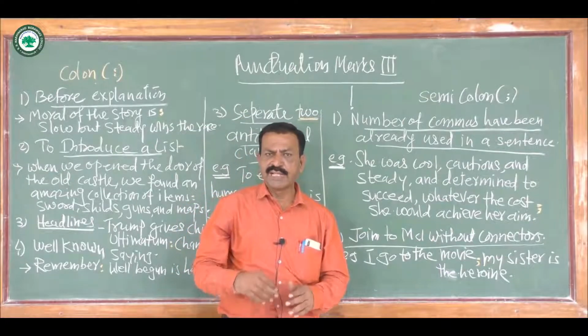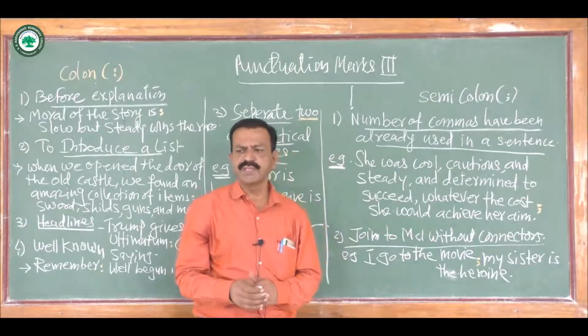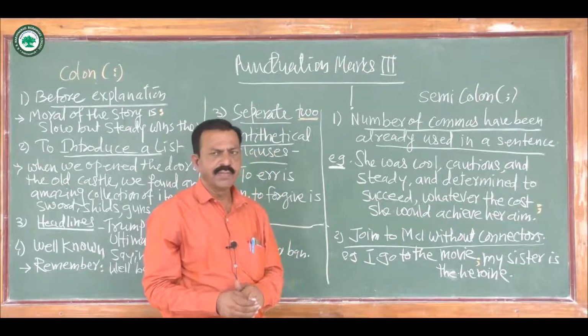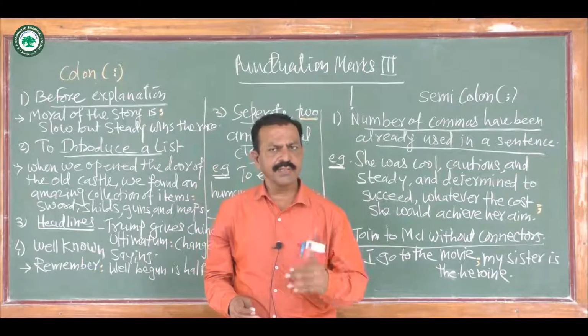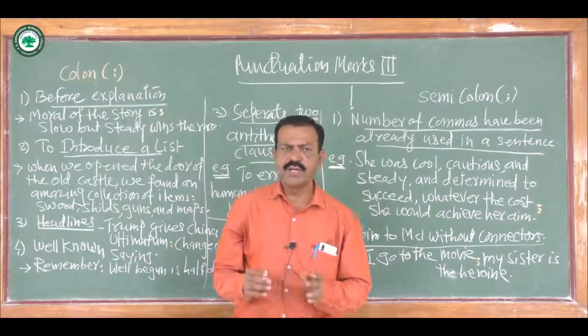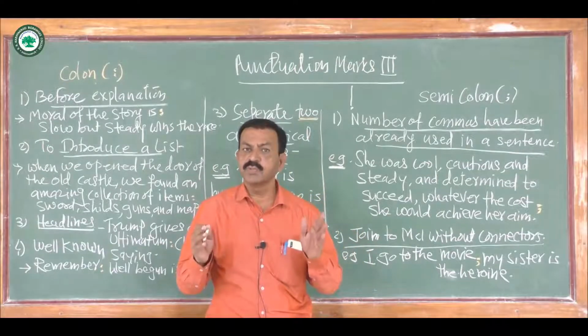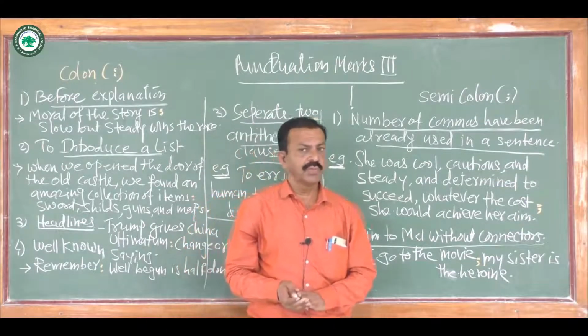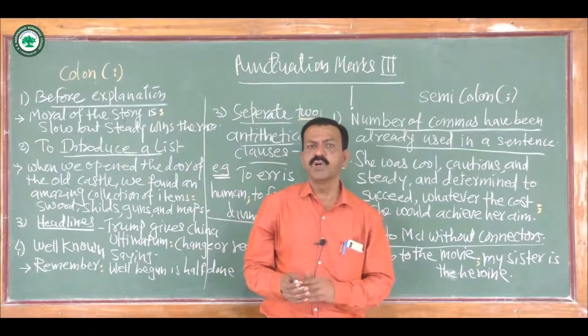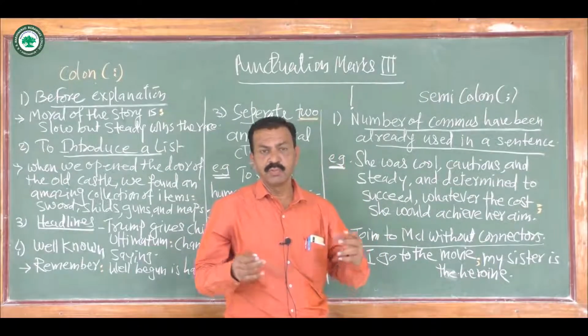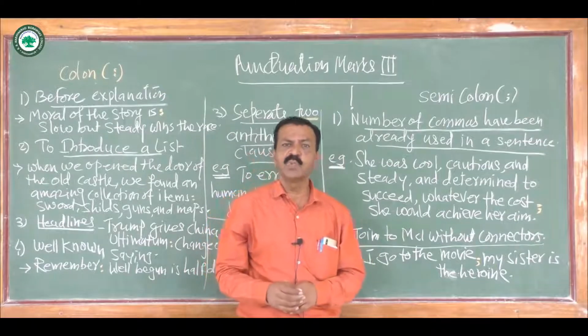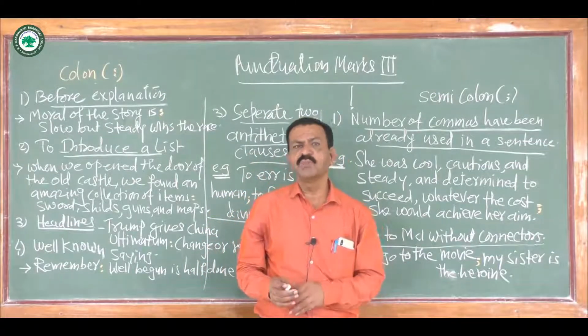Then the next use of the exclamation mark is in sentences where a verb is not used. Now you know the importance of the verb, that we usually say there is no sentence without a verb.